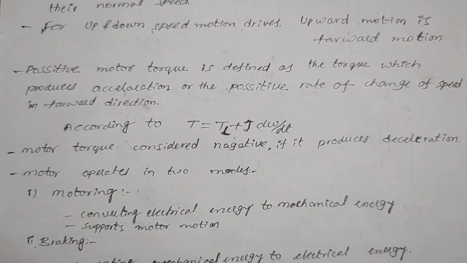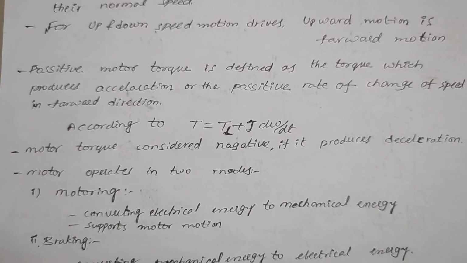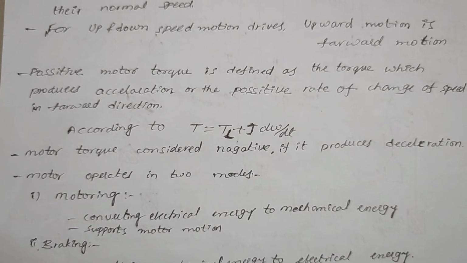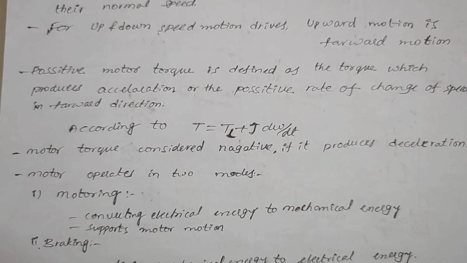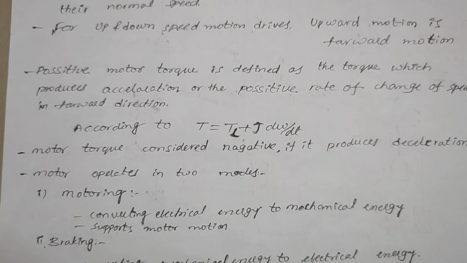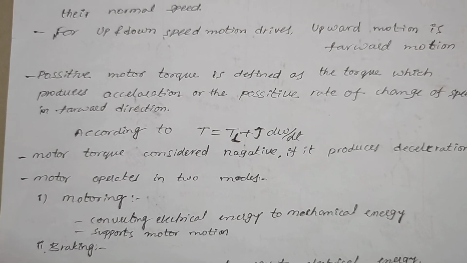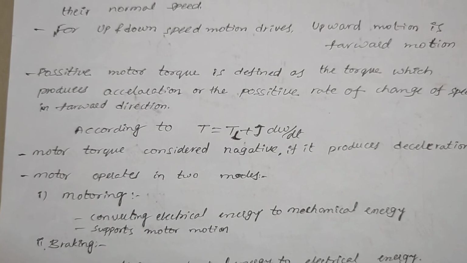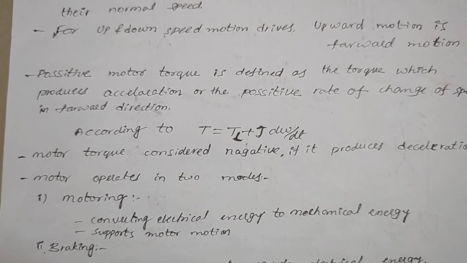From the torque equation, T is equal to TL plus J into d omega by dt, to generate positive torque, T minus TL minus J into d omega by dt should be greater than 0. That means your T should be more than TL plus J d omega by dt, and then you will get the positive torque, which means it is in the acceleration mode.